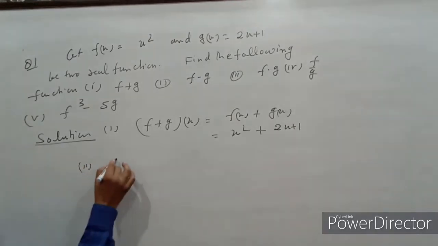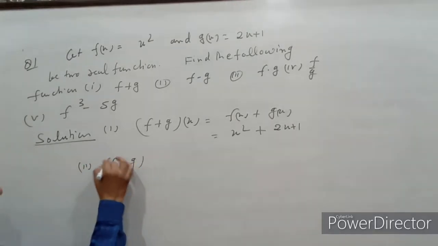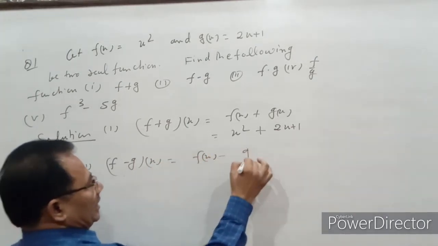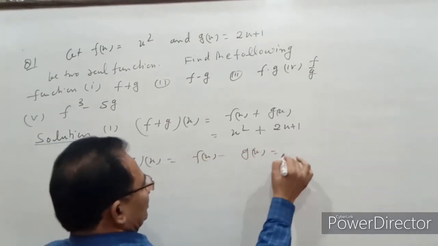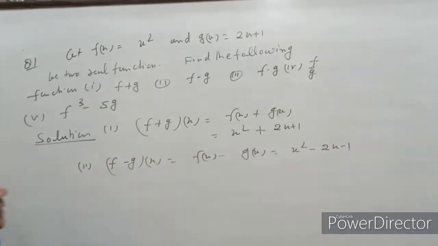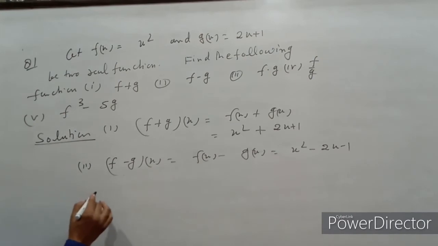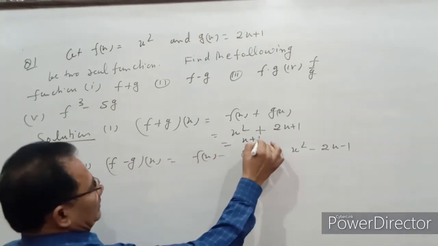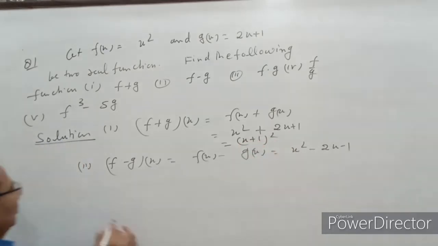For the second part, (f minus g)(x) is equal to f(x) minus g(x), which is equal to x square minus 2x minus 1. We can also write this function as (x plus 1) whole square.